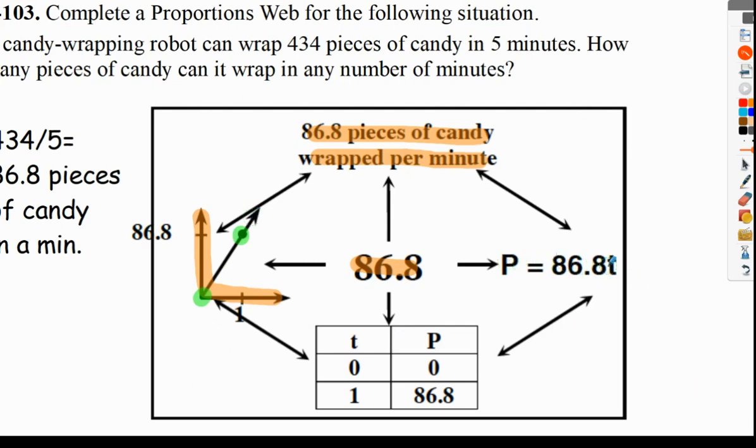And of course, your equation. The other thing they should have included in their equation is that T represents time and P represents pieces of candy. Theirs is a little more simplistic than yours should be. You should have a label for your graph and a title, what T represents and what P represents in your equation, and maybe even one more point in your table.